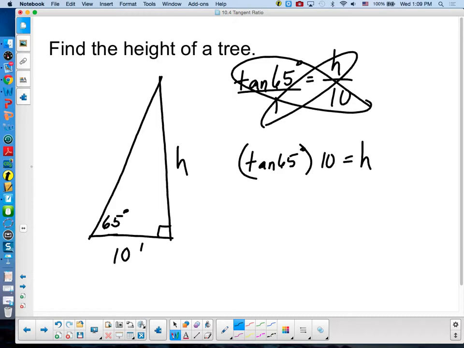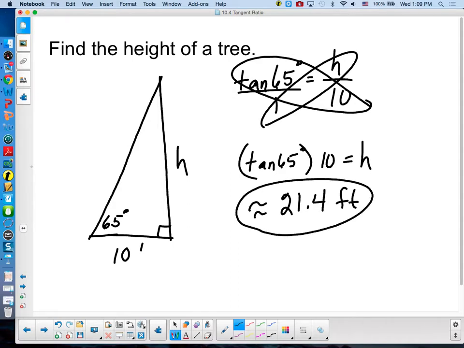Tangent, yeah, let's go tenths this time. 21.4 approximately. And there's the tenth. Okay, so read the directions. That didn't do something I wanted to show you, but any question on this one?